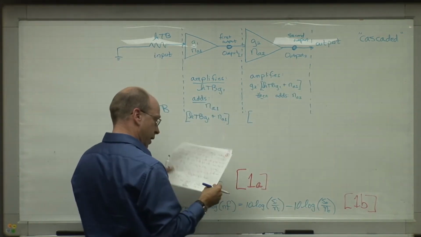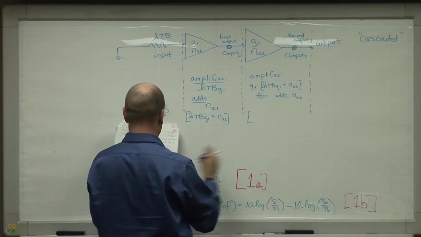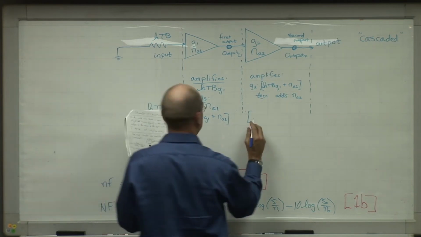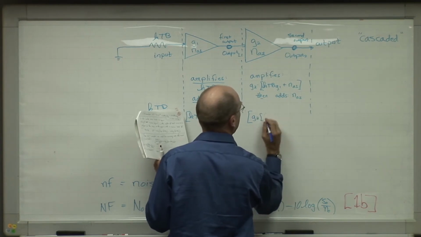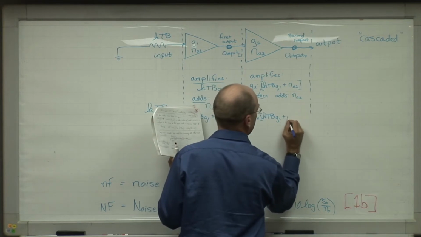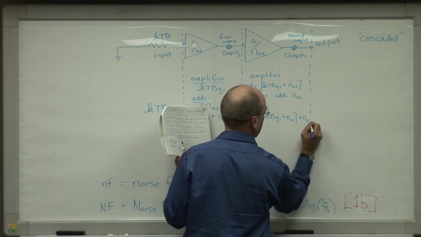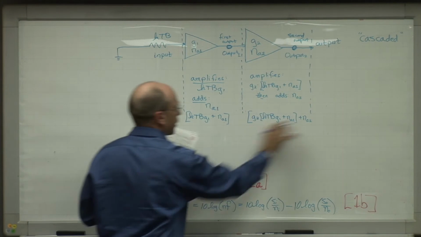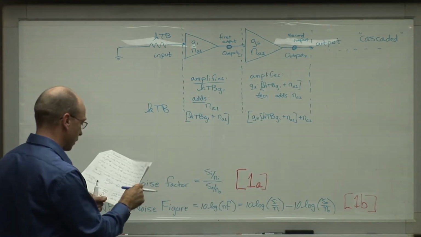Output 2 is going to be equal to G2 times the quantity kTB G1 plus N_A1, plus N_A2, and that's what's flowing out right there. So there's a pattern developing, and of course we can now continue this pattern on down the line for additional components.